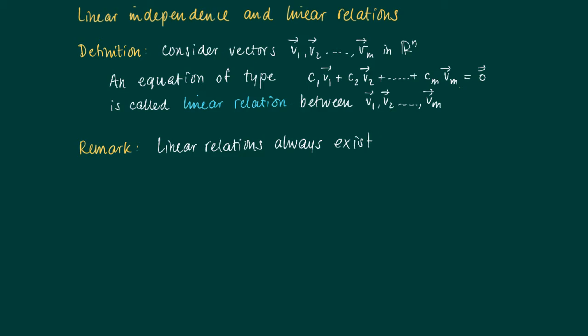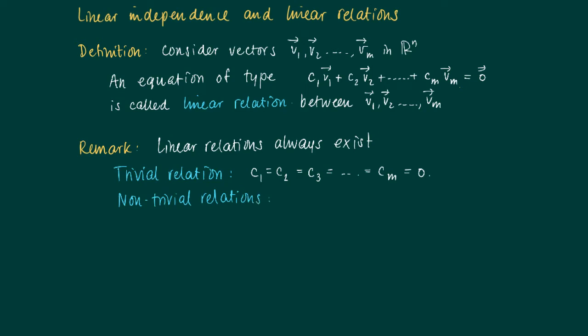Since if we choose c1, c2 until cm equal to 0, so the scalars are all 0, then we obtain what we will call a trivial relation, because of course any component of the sum on the left hand side, c1 v1 equals 0, c2 v2 equals 0, cm vm equals 0. Adding those zeros will typically give the zero vector back.